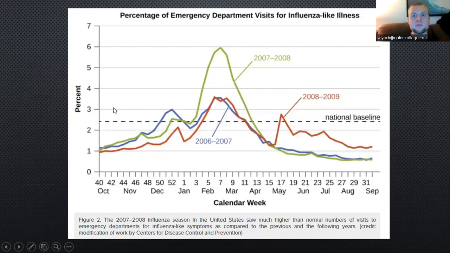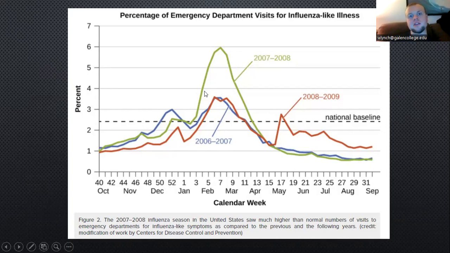All right, so this is an example of that where we see influenza and influenza-like illness. There's a national baseline here, and this is over the winter months we can see in the middle. You see that there's a general uptick of about 2.5% of the population that has this particular flu or influenza-like illness.